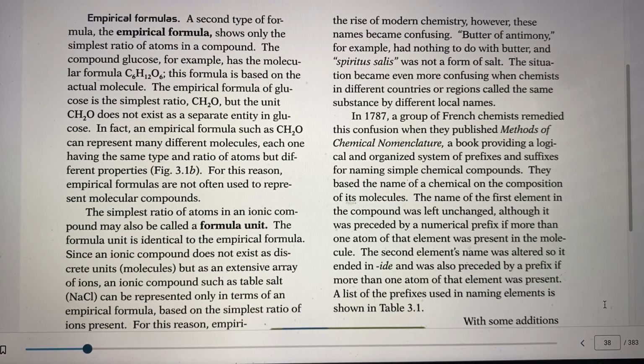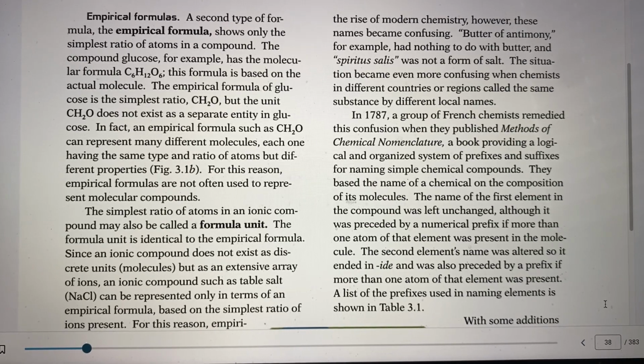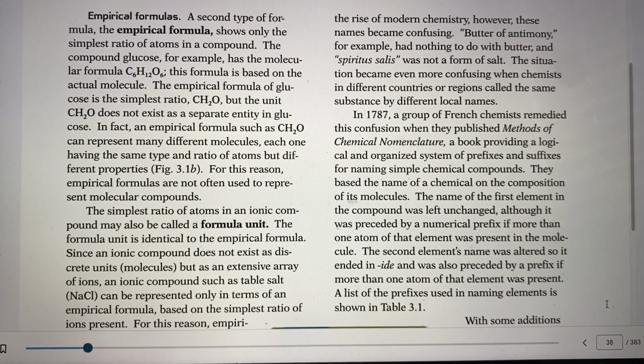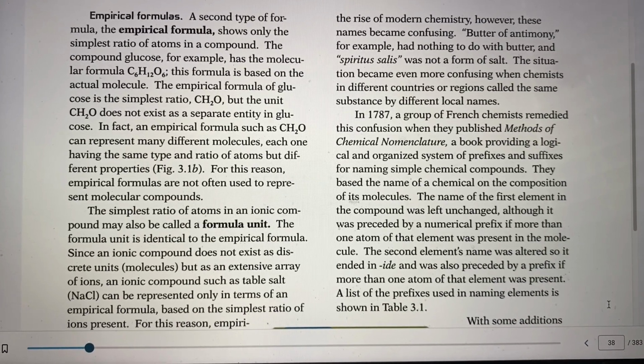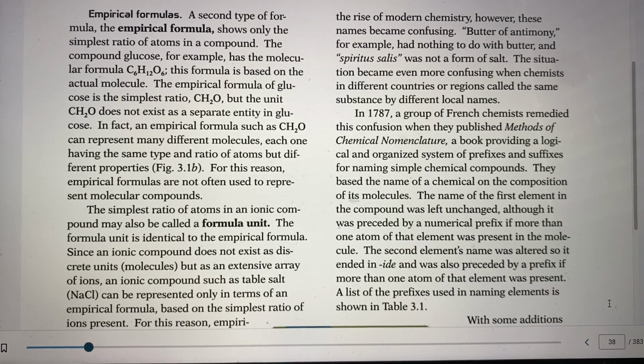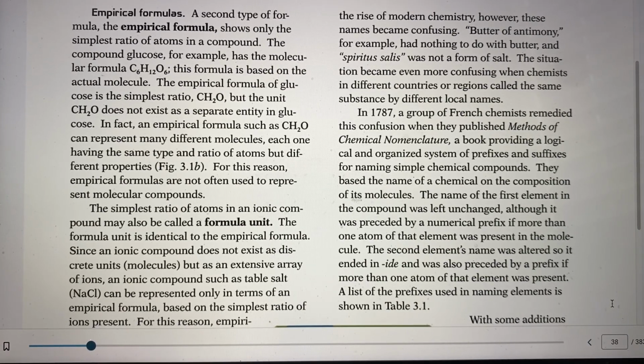This method was very organized, a system of prefixes and suffixes. That's what we're going to talk about, because we're going to identify them, and it gets kind of fun. It's almost like a puzzle, putting these different elements together into compounds, and then naming them. You can know by the name how many atoms of that element are in each one.